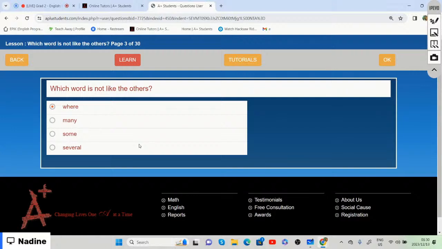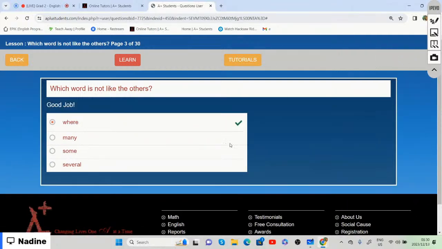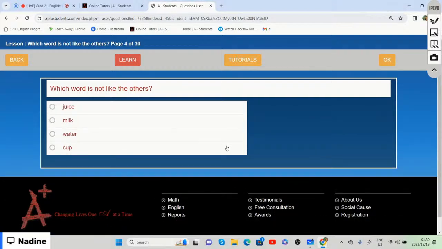So many, some, and several. So where is not like the others. So which word is not like the others? We have juice, milk, water, and cup. Juice, milk, water, or just a cup.